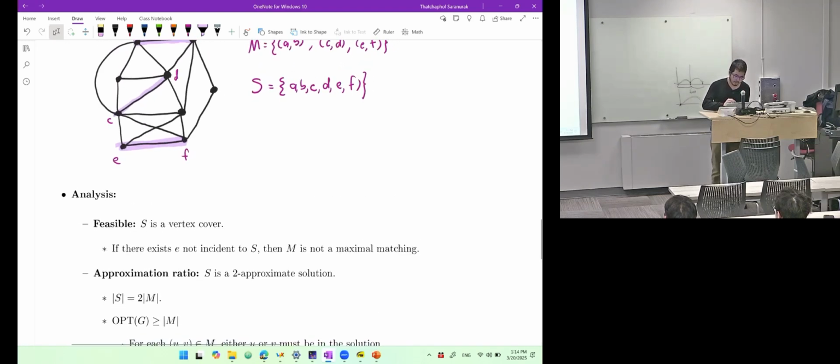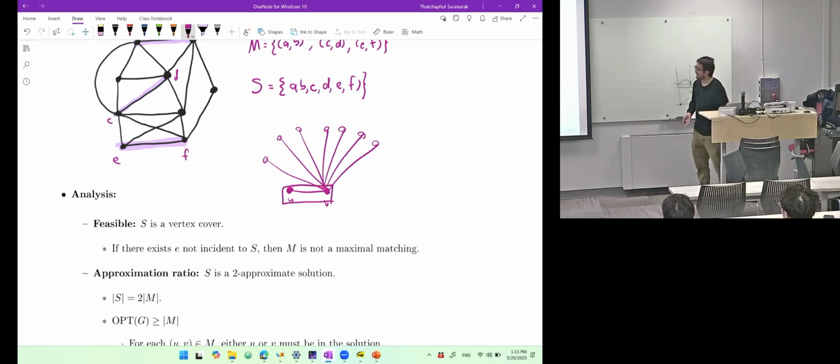No, if you have an edge here, UV, and this guy connects to everyone, you still know that either U or V must be chosen anyway. In this case, the size of the maximal matching is 1, by the way.